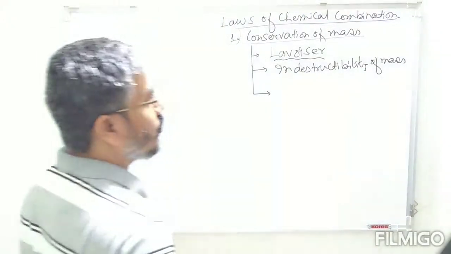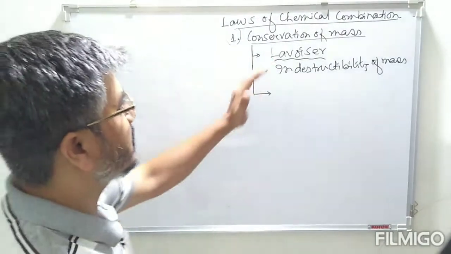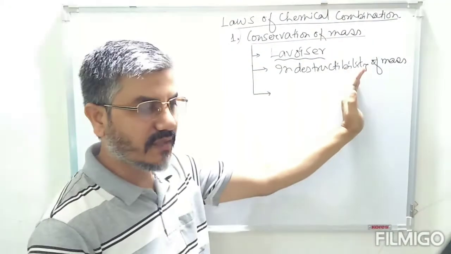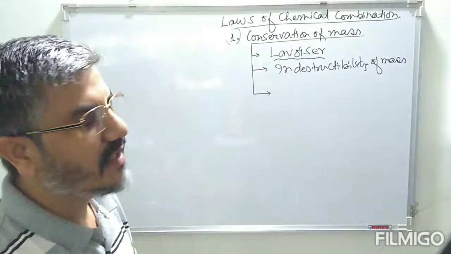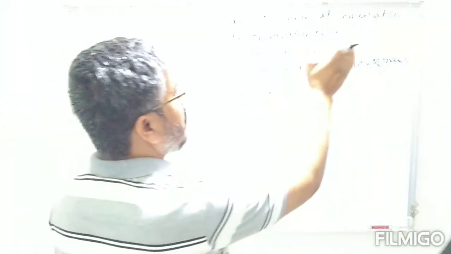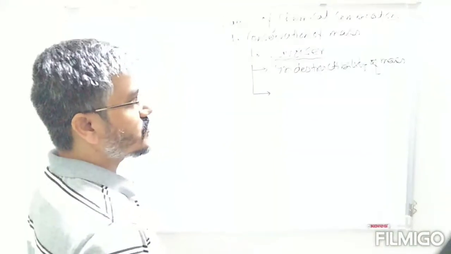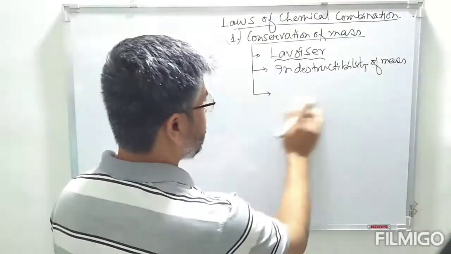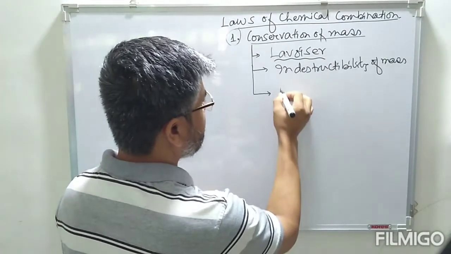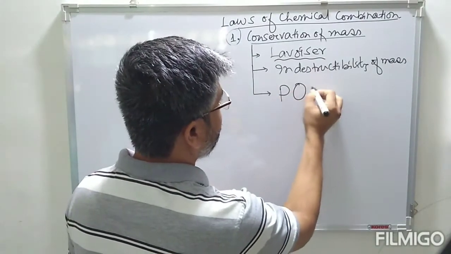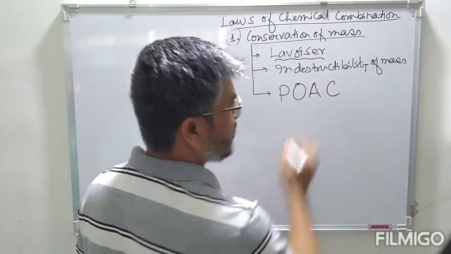Now the question is why there has to be conservation of mass in any given chemical reaction. This conservation of mass, or indestructibility of mass, during the course of a chemical reaction is based on a principle known as the principle of atomic conservation.